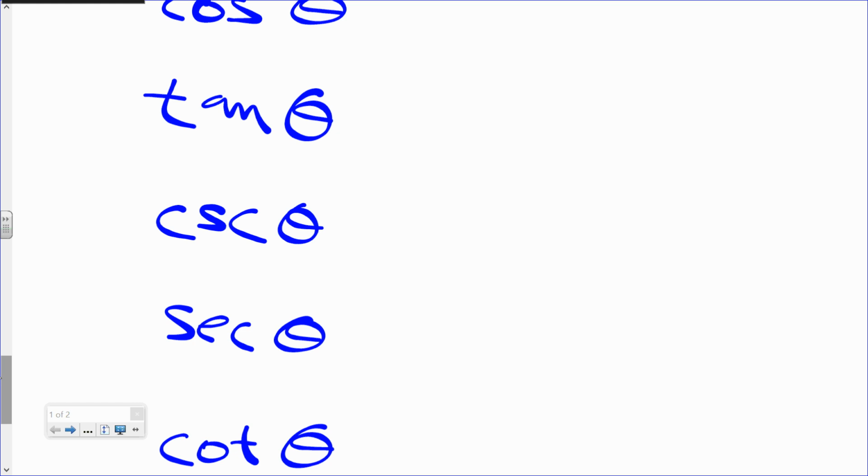The secant, watch me abbreviate it, secant of theta. And last but not least, the cotangent, just COT, the cotangent of theta. So we're going to have 6 ratios in their answer. All 6 right here.